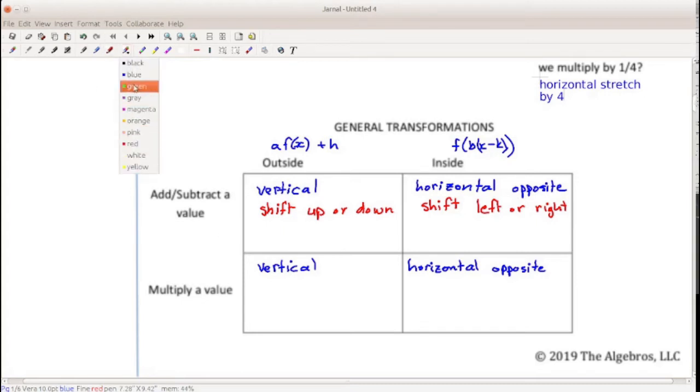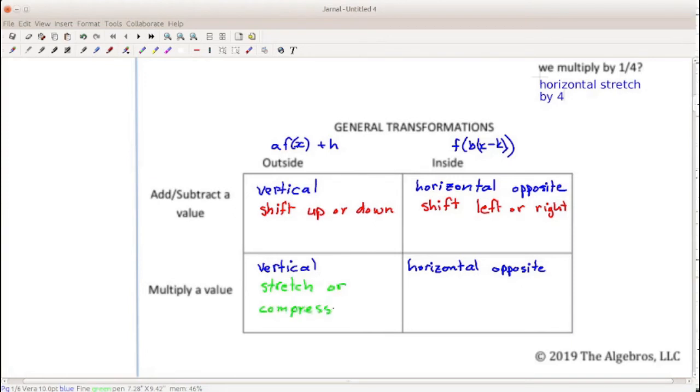In the case of multiplying, again, we have a commonality. This is going to be a vertical stretch or compression. And a horizontal is going to still be a stretch or compression, but it's the opposite of what you think.